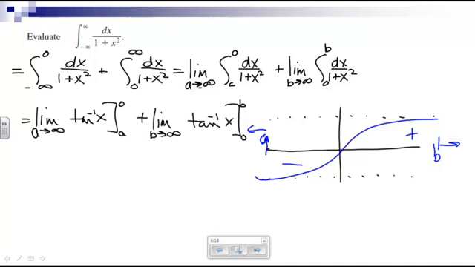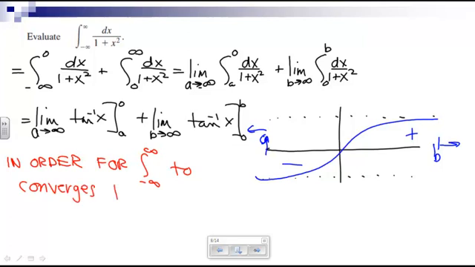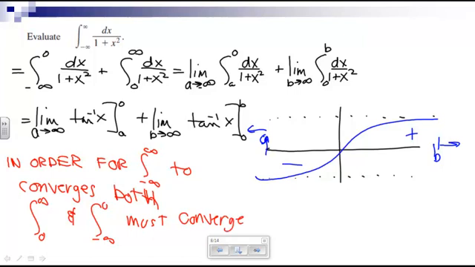Ready? I'll do it in red. In order for the integral from negative infinity to infinity to converge, both the integral from 0 to infinity and the integral from negative infinity to 0 must converge.